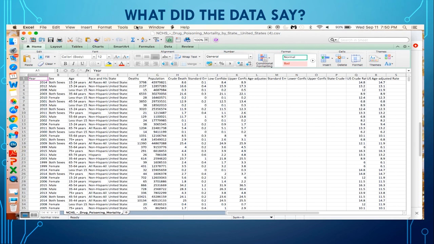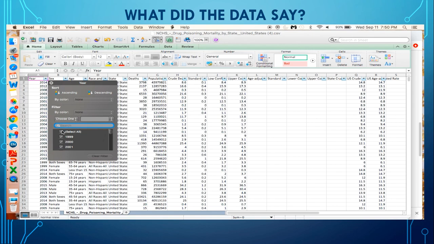This data set was kind of overwhelming to look at, so we filtered it out a little bit. We know that we only want the year 2015 based on our capstone question, so we unclicked all of the years besides 2015.